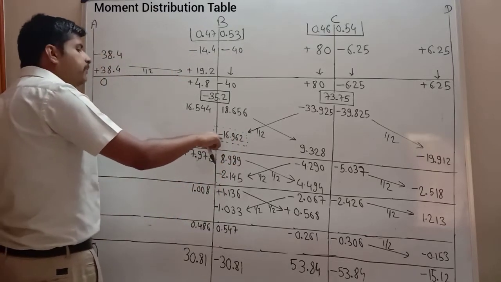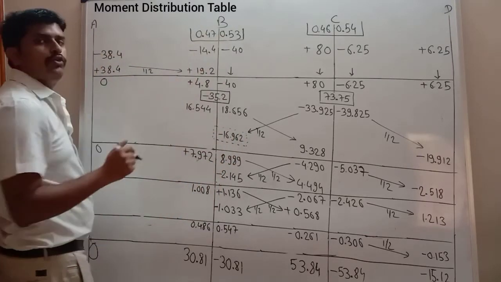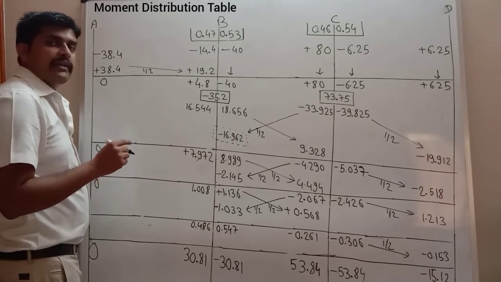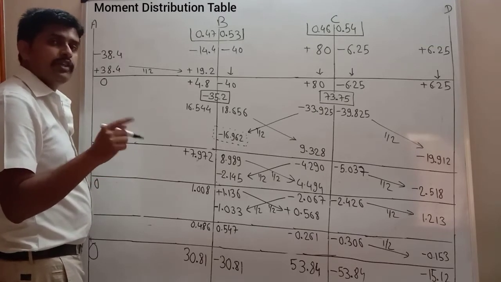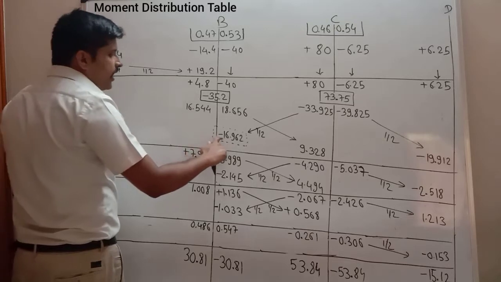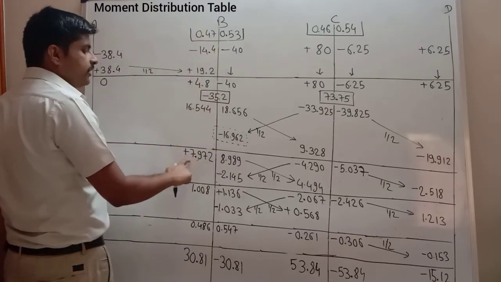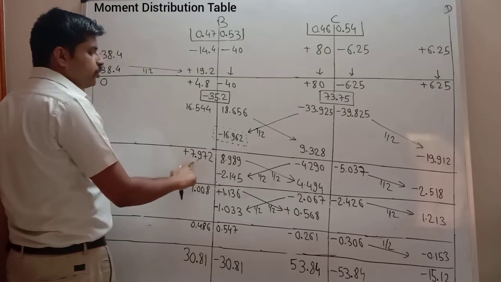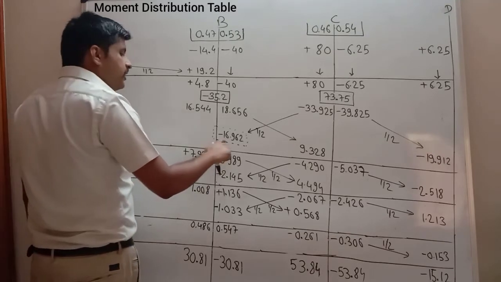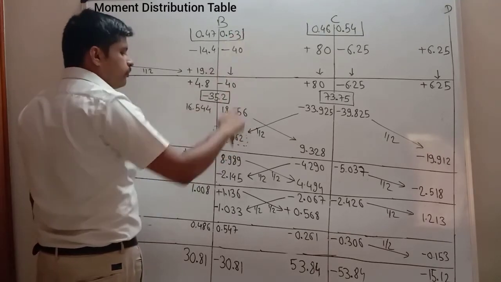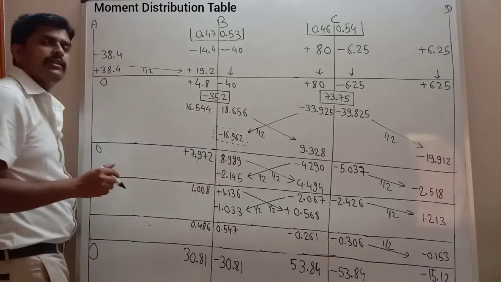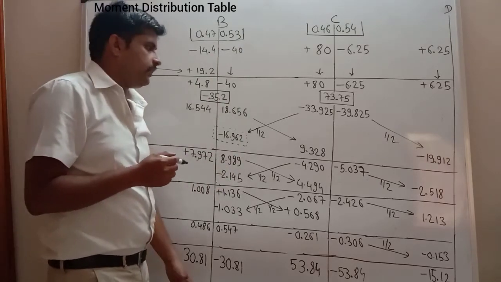Now consider this value as our box value. We will multiply this value with these two distribution factors and write the answer with the opposite sign. So minus 16.962 into 0.47, we will get 7.972 with the opposite sign. Again 16.962 into 0.53, we will get 8.989 with the opposite sign.